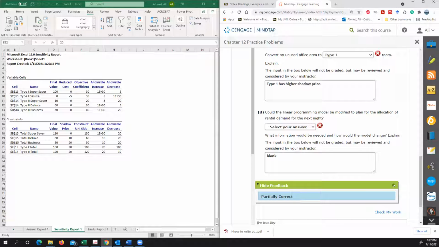Yes, we can. So we can use the last night's forecasted demand. Right now we have the forecast, and we can predict tonight's everything. But for tomorrow, we can take yesterday's actual what happened and forecast again.